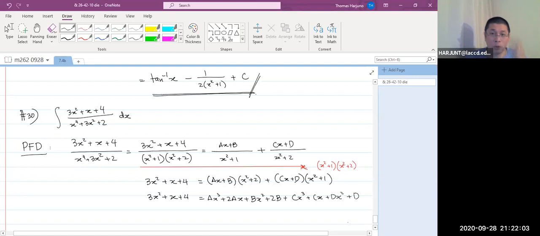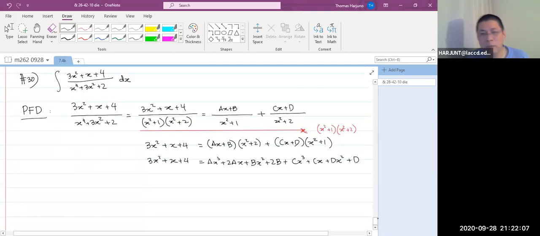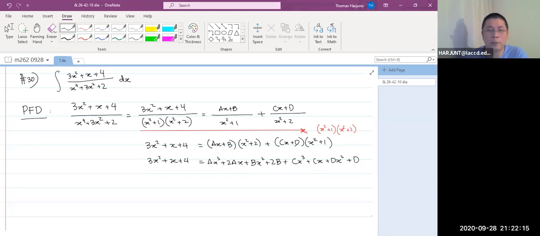Then from here we do the matching. You have 4 variables a, b, c, d, so you will need 4 linear equations to solve that. But hopefully some of them are not too hard to do.